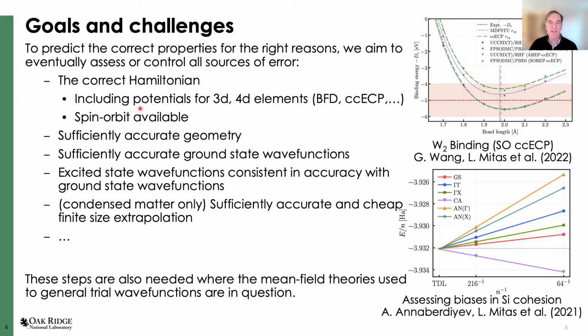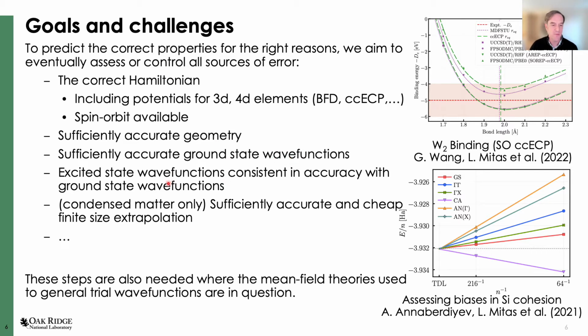And then some points that I'm going to be highlighting in this talk, we need to solve on a sufficiently accurate geometry of the material or molecule. And then also our wave functions need to be accurate enough. So just to illustrate that, there's no point us doing a calculation with an extraordinarily accurate ground state wave function, only to follow that up with a calculation for an excited state, which is much less good and higher in energy than it should be, because then when we compute the energy difference for the excitation energy, we will get poor results.